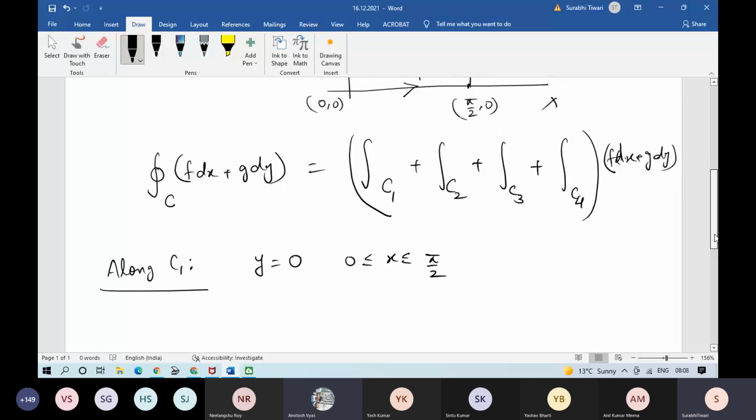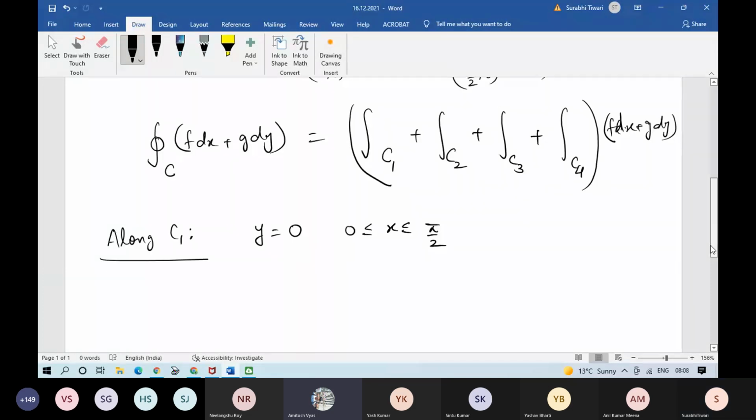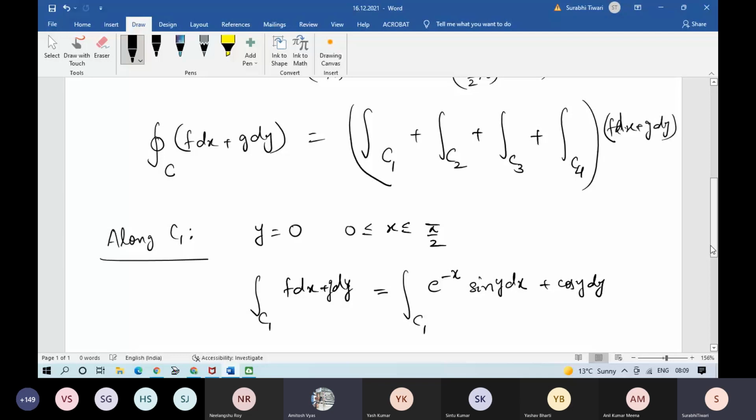So, what is the value of f dx plus g dy? This will be integral e raised to the power of minus x sin y dx plus cos y dy. Now y is 0, so dy is also 0 along C1.